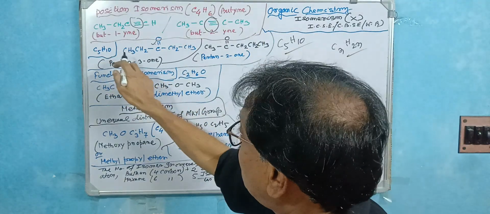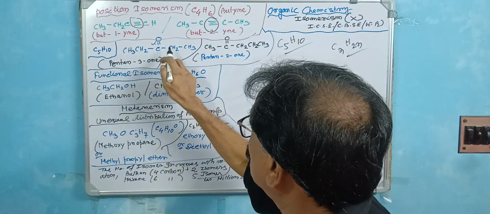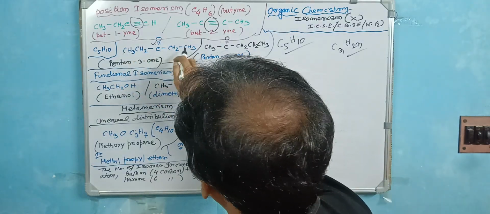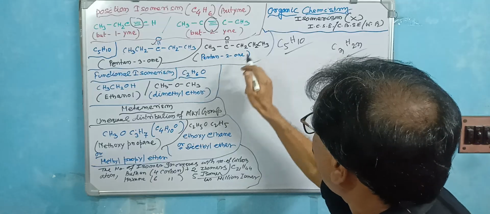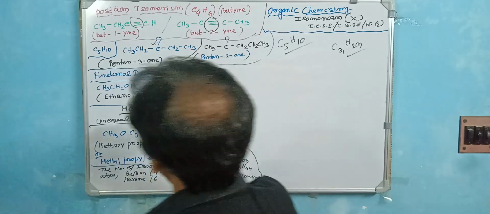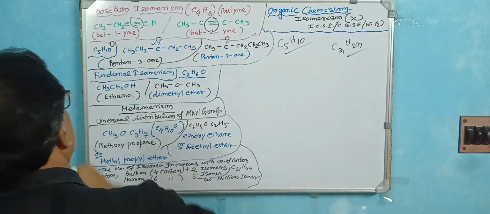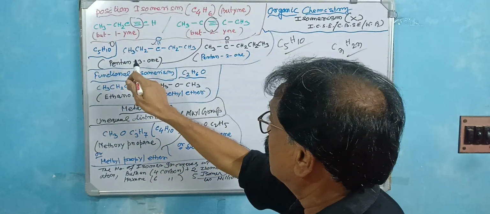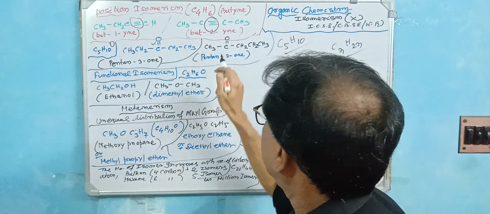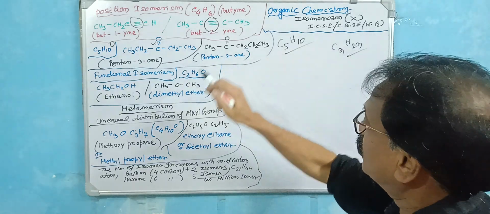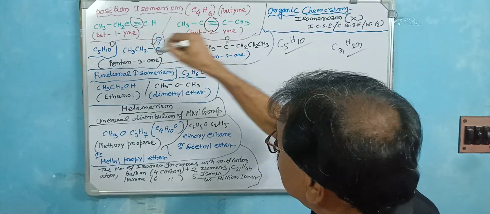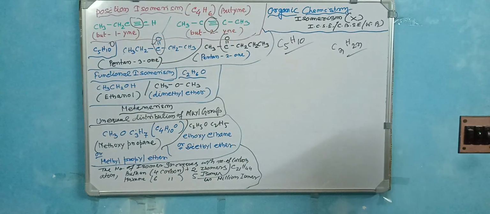So this is C5, 1 2 3 4 5, and hydrogens are there, C5H10.